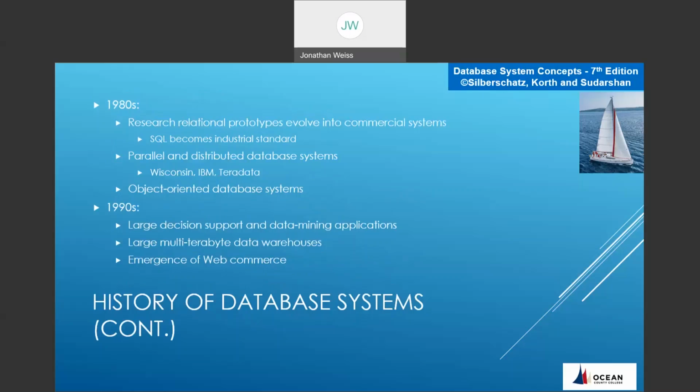And where we're headed is more toward object-oriented database systems. You use object-oriented programming languages. A lot of database systems are not only storing data. Who can tell me the difference between an object-oriented language and a non-object-oriented language? What makes a language object-oriented? What's an object? It has two things.